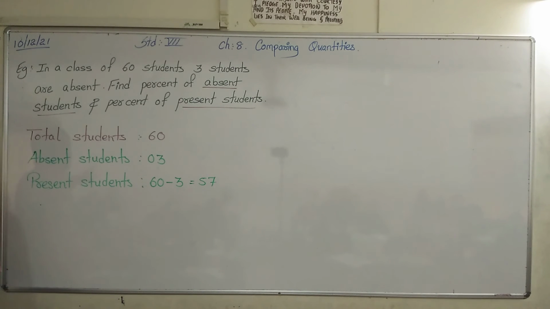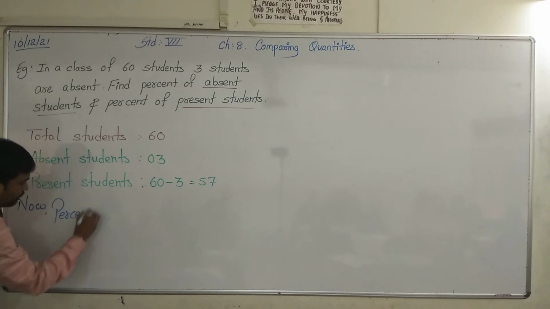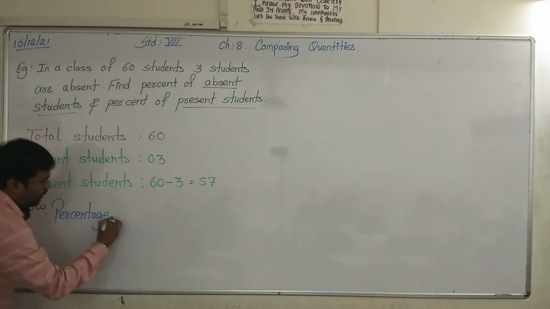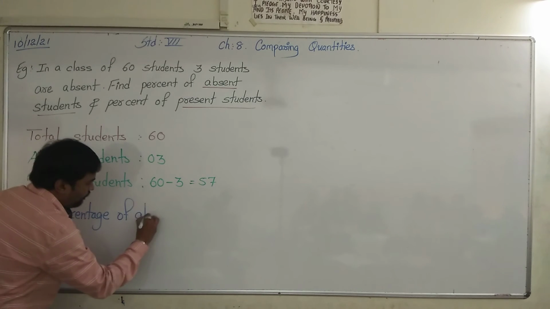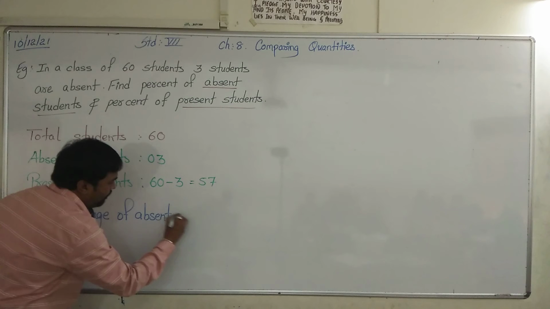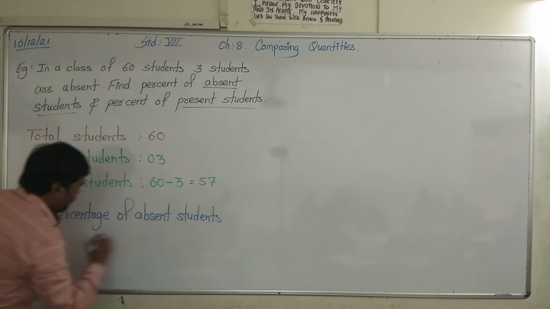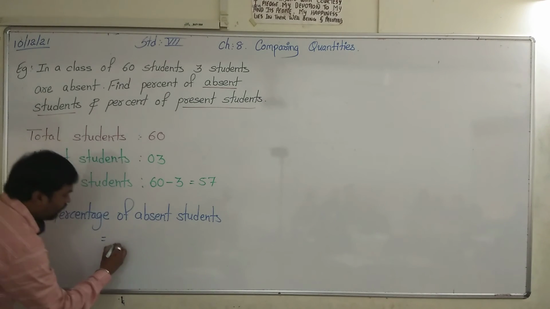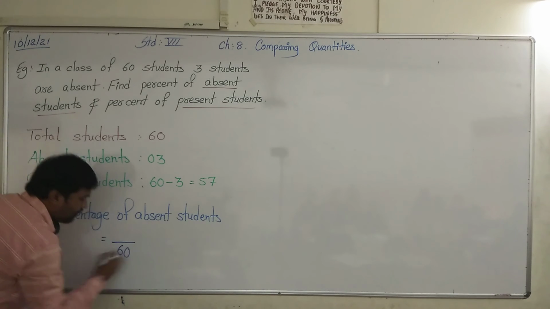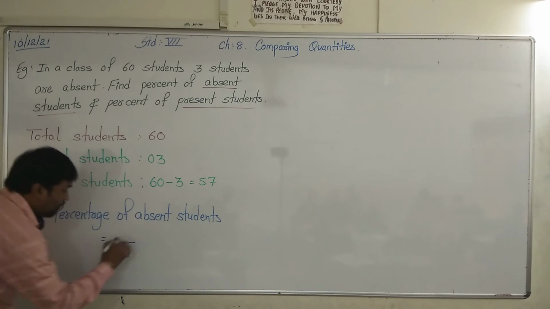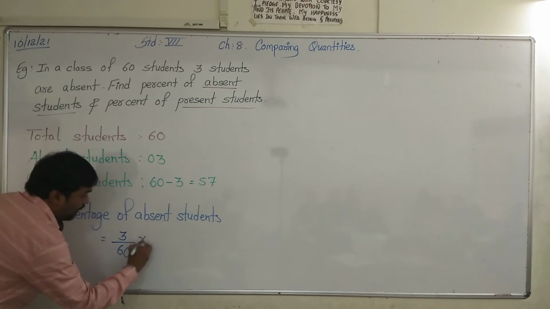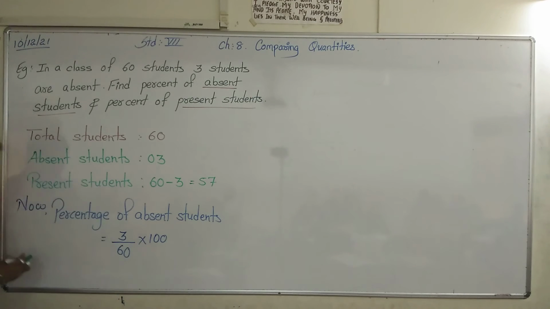Now what we have to find is percentage. Percentage of absent students is equal to absent students 3 upon total students 60, multiplied by 100.